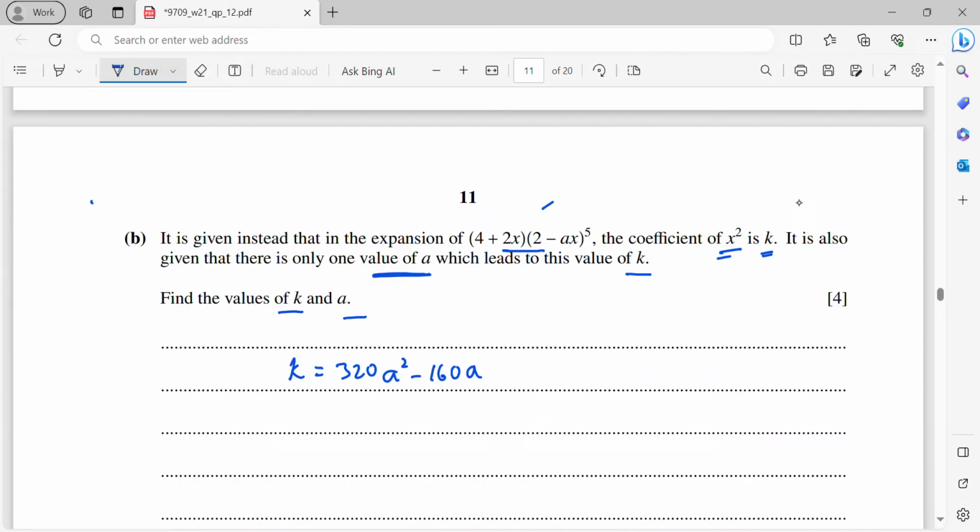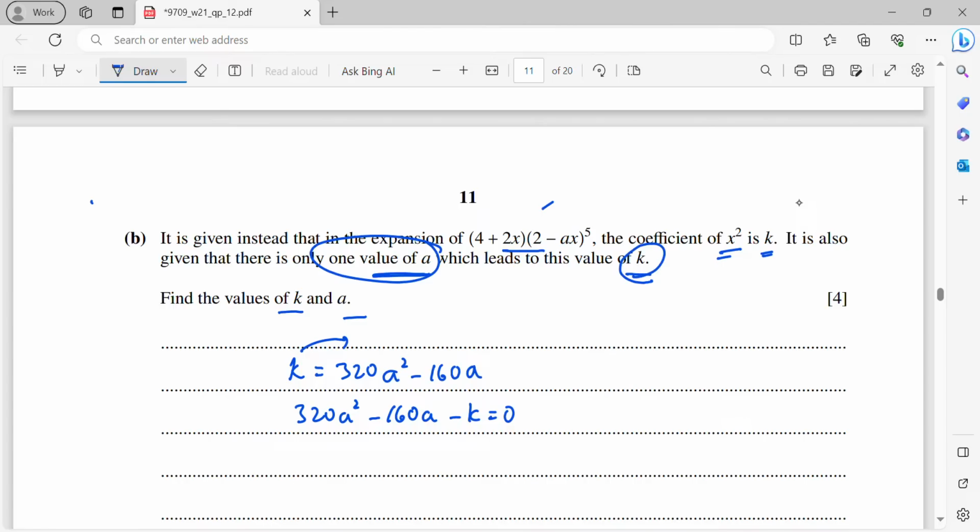Then from here, I will get the quadratic equation, so I move the k to the other side. Now, it's mentioned that there's only one a which leads to this k. So from here, you are getting a quadratic equation in terms of a, which means there's only one root, one a value, which means the discriminant equals 0.